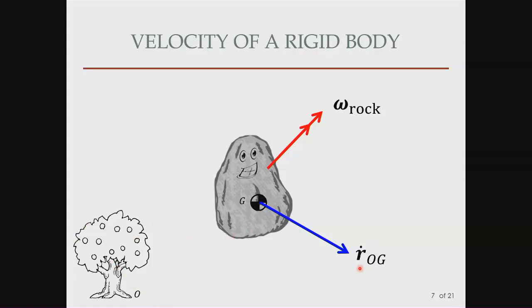This, you see R dot. R dot would stand for linear velocity. R dot OG would be the linear velocity of this point G relative to point O. So if I look at the vector going from O to G, this vector would change over time as the body moves, and the change over time is the velocity vector.